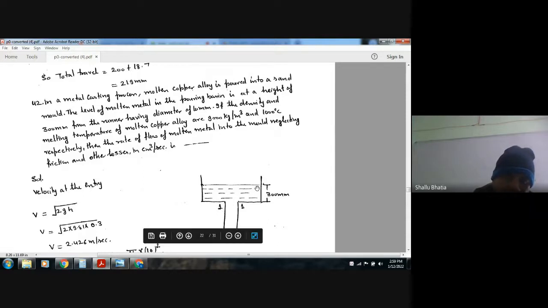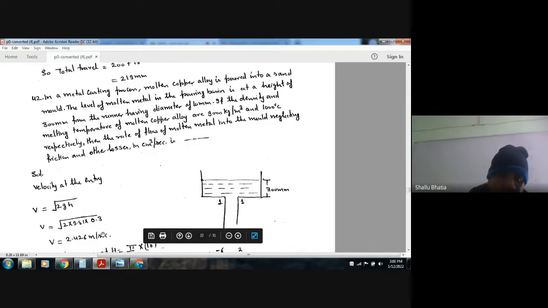So here the height of the molten metal is just 300 mm, and the runner diameter is just 10 mm. From this height we can calculate the velocity at this point. Velocity at this point is root 2gh, where h is 0.3 meters.